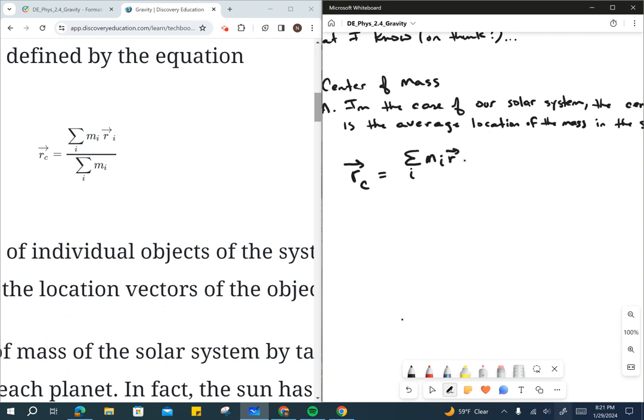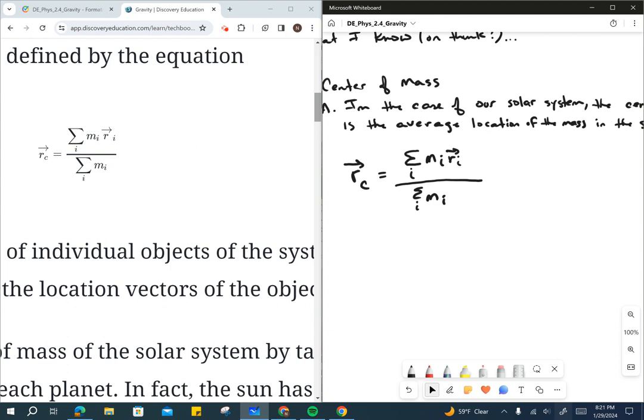That's why I put an arrow over it, initial. This will all be divided by the sum initial of the mass initial of all the objects in that solar system.